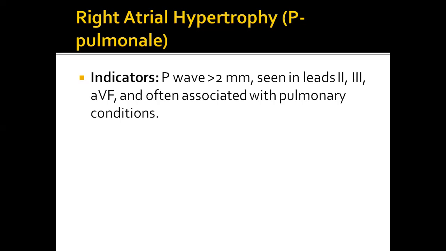This pattern results from increased pressure and volume in the right atrium, leading to its enlargement. Recognizing this pattern helps diagnose conditions affecting the pulmonary circulation and right side of the heart.